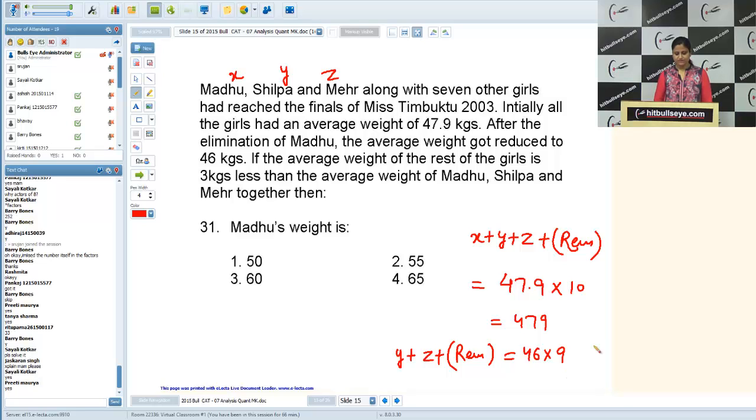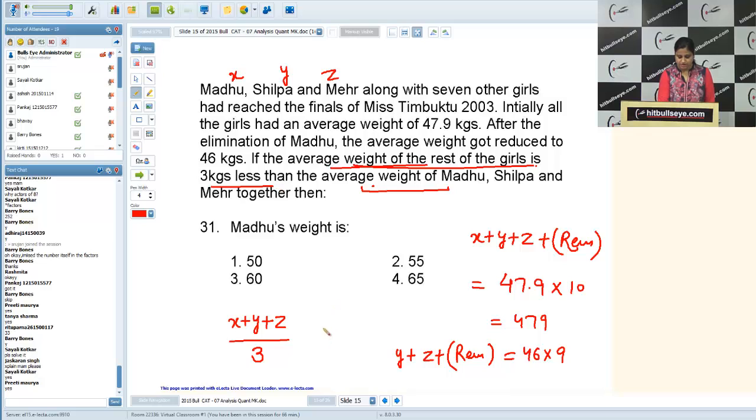Clear? So, if the average weight of the rest of the girls is 3 kgs less than the average weight of Madhu, Shilpa and Meher together, what is the average weight of Madhu, Shilpa and Meher together? It is x plus y plus z by 3. And it is given that the average weight of the rest of the girls is 3 kgs less than that.